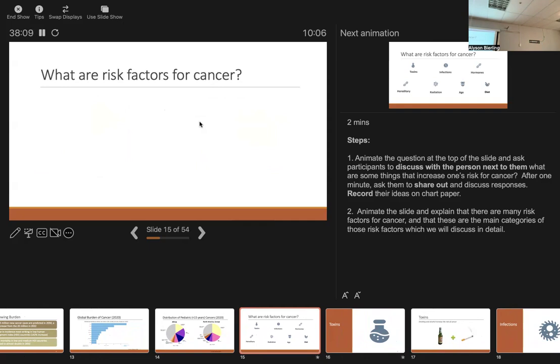Vaccines. Toxins? Like what? Infections. In factories, yeah, okay. So like different chemicals, yeah. Diet, yeah, diet is good. Okay, you first, so we'll come back to you. Infection, can you give an example?